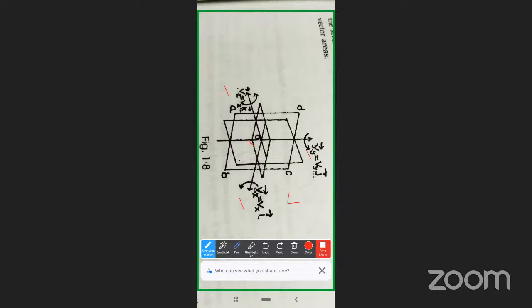Let us consider a cube with x-axis, y-axis, z-axis. Observe this is A, B, C, D. Let us consider the area ABCD with sides dx and dy.